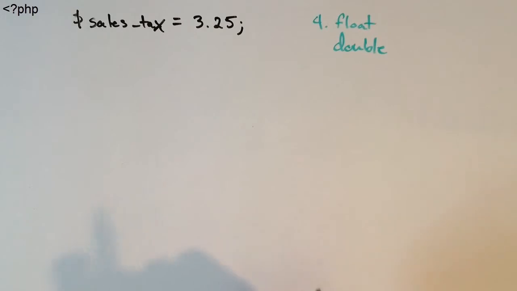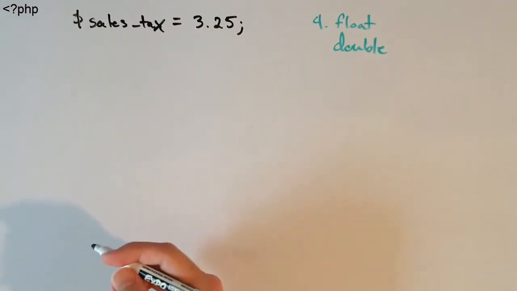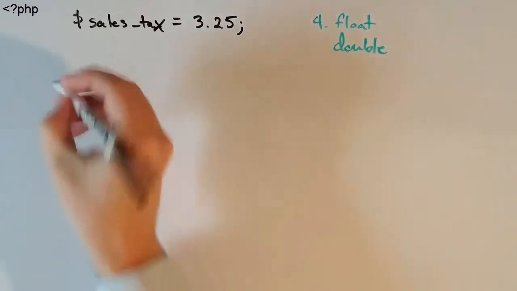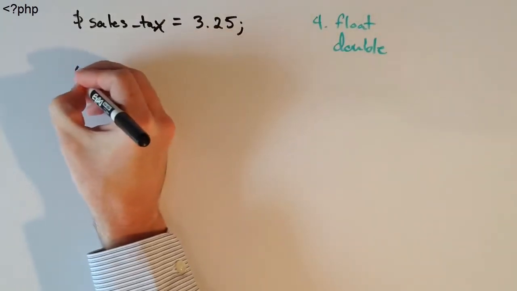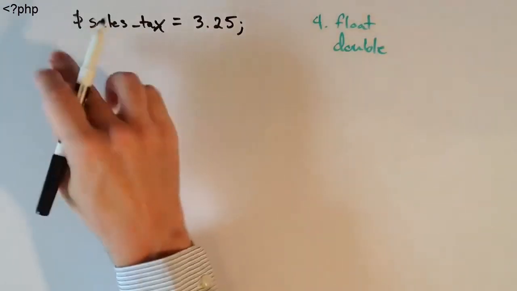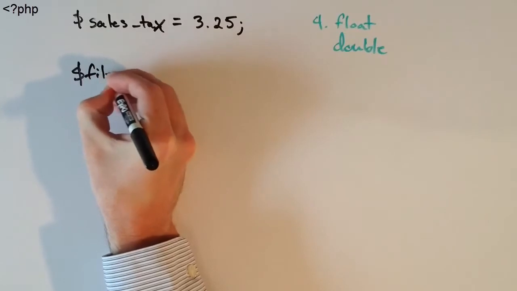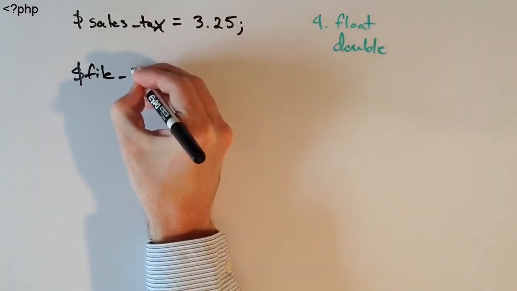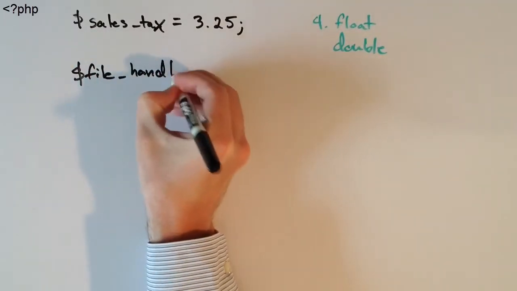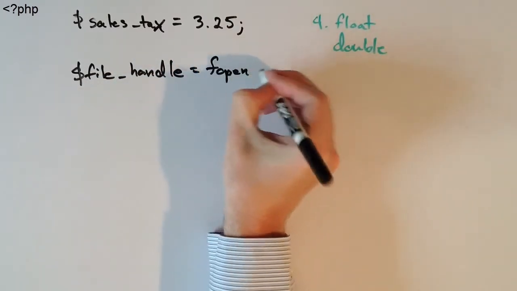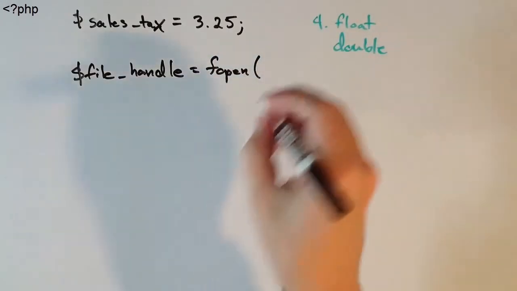And the last data type that I want to go over are called resources. And these generally deal with files. Like if I have a large file of data and if I need to open it, I would do a $file_handle, and I would call a function fopen and use a string.